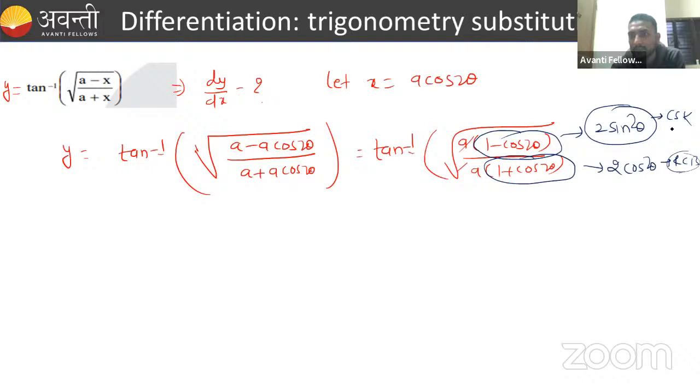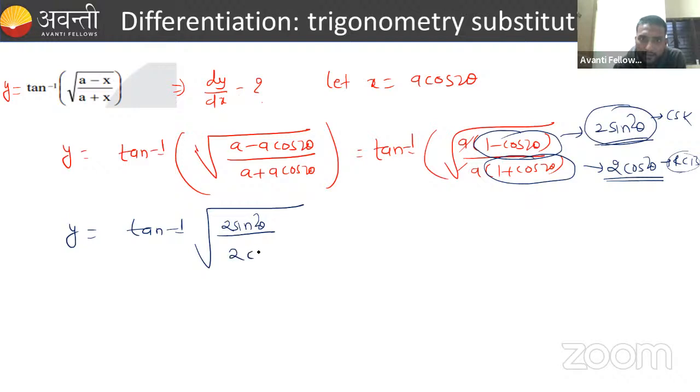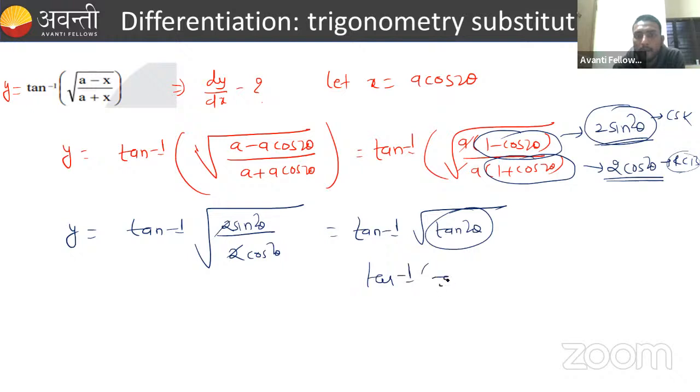These are two famous ones, and CSK is more famous now, so that's why I have written it. So now it will give tan inverse root under 2 sine square theta divided by 2 cos square theta. The 2 will be cancelled out. It will be tan inverse root under tan square theta, so it will become tan inverse tan theta.